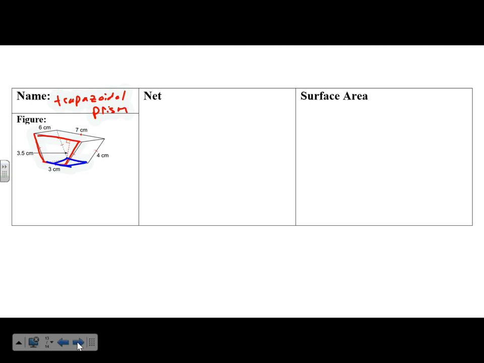So that bottom part goes here, and that is 3 by 6, because all these are 6. 3 by 6. So then we have this side.